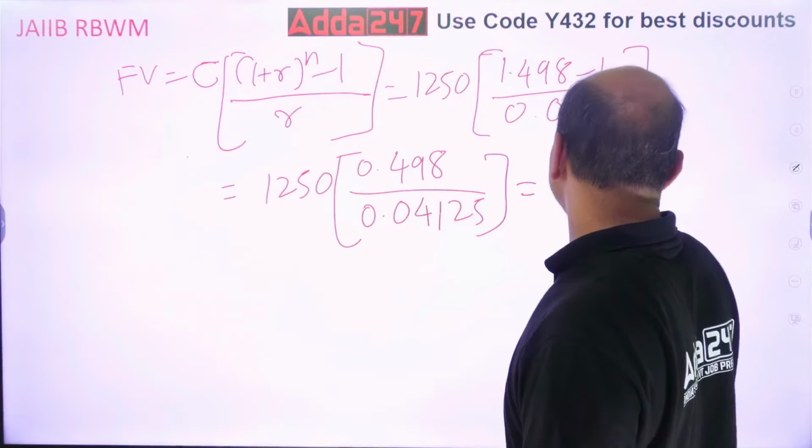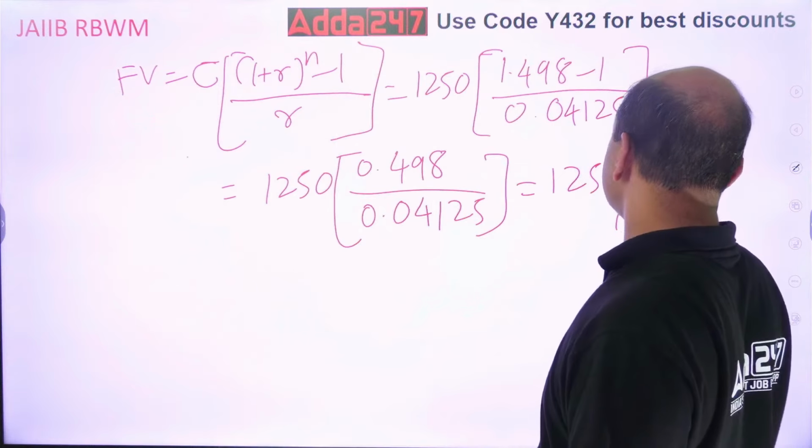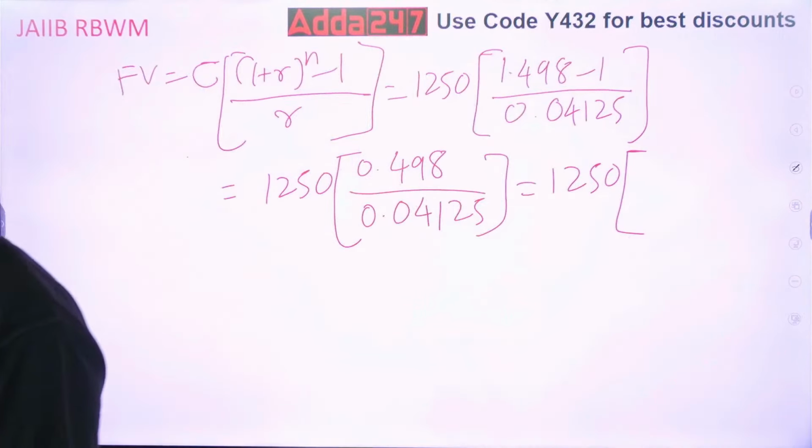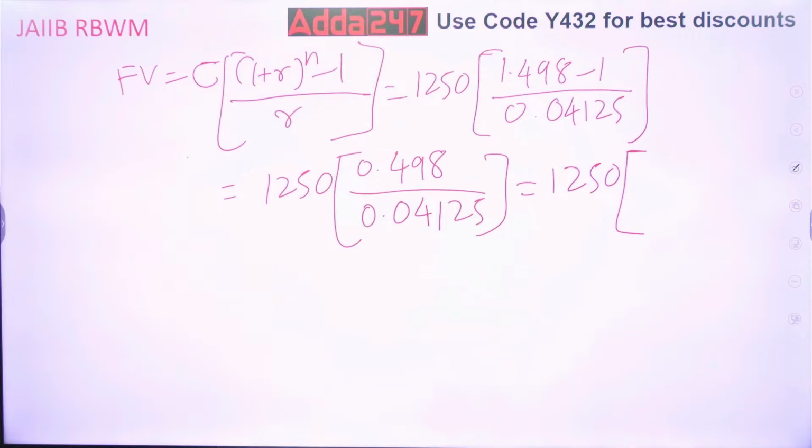So 1250 into, what is the answer for this? Roughly it is 10 times, so you must get it around 10 point something. Who's getting the answer? 0.498 divided by 0.04125 is 12.072. Are you getting this?